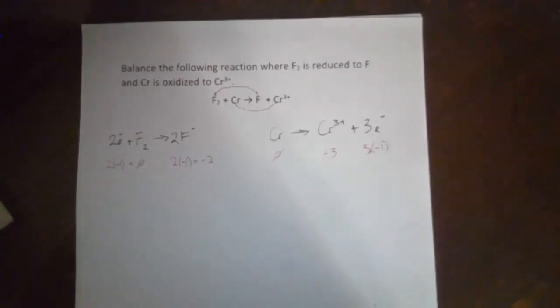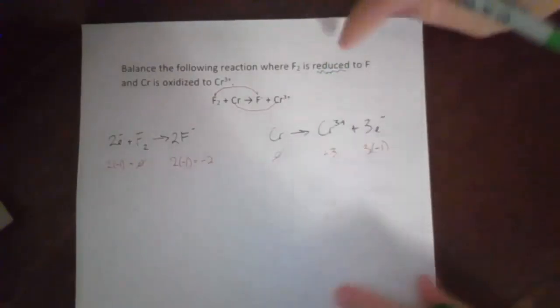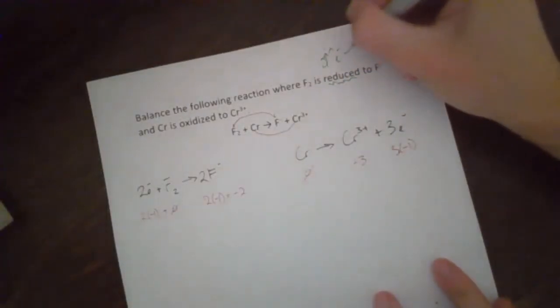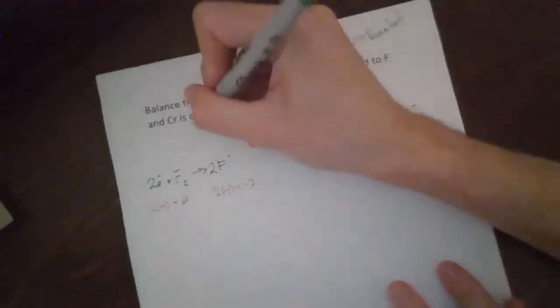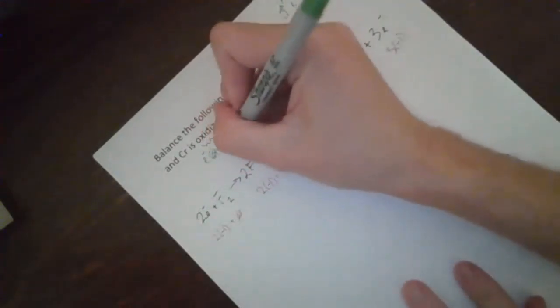One of the things we can do for this particular problem is we can stop right here, and we can see that if we look at the prompt, it said that F2 was reduced. That is gain of electrons. So that means it gained electrons, which means they should be a reactant. Similarly, if chromium is oxidized, electrons as a product, right?